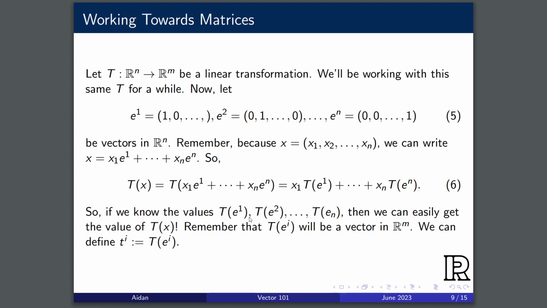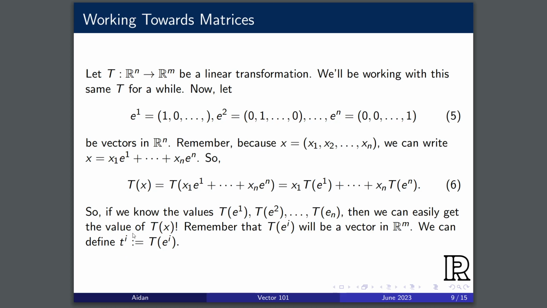Because if I know what vectors these are, I just look at x, I ask what are its components, and then I take the first component times this value, plus the second component times this value, on and on until we have the nth component times this value. And so you end up with this linear combination. So as long as we know these n vectors, then we can easily find any value of T of x that we want.